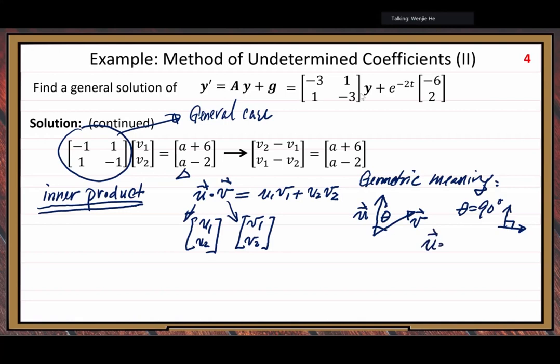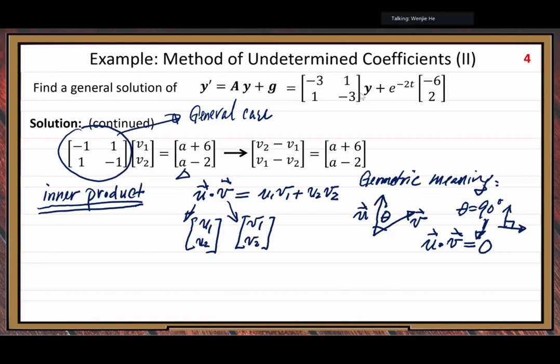U dot V equals 0. That's the geometric meaning between two vectors. With this understanding, now we use this property to solve this small technical problem.